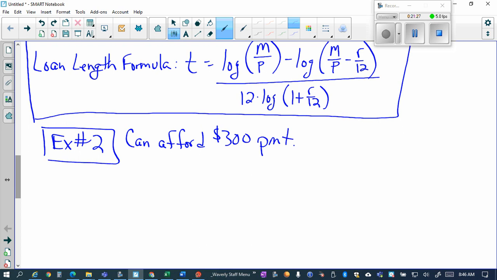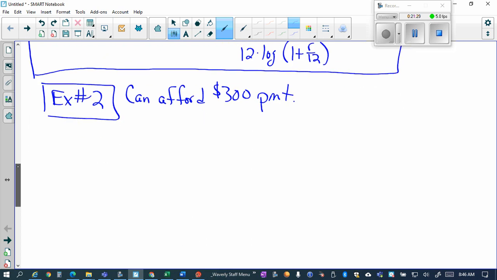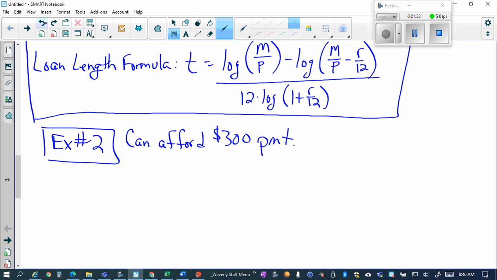So let's plug all this into the loan length formula, okay? So, it's a big mess. T is going to equal log. His monthly payment M is 300, right? And how much was the car? 25,000. So that's our P, principal. Minus log this mess here.